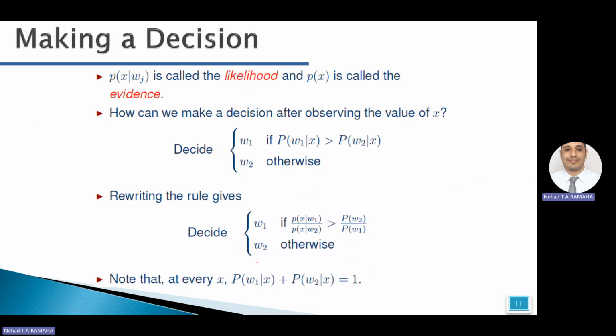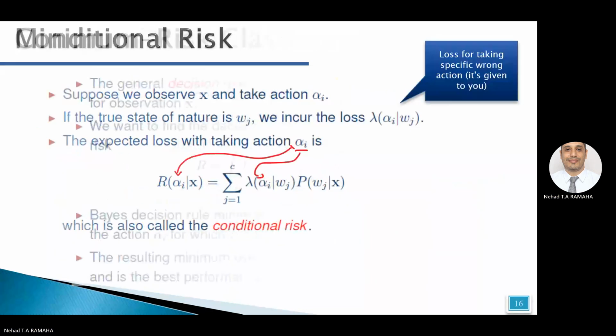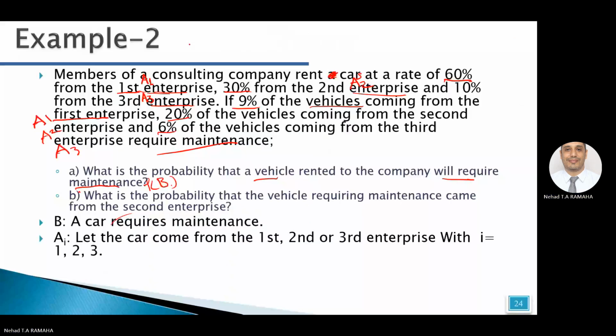Okay, so returning to our question. Our question is about the probability of B, meaning a car needs maintenance.